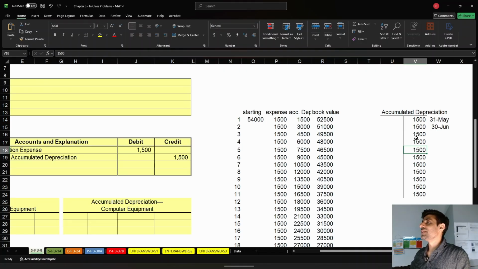I'll try to re-explain it to you. But just remember that an expense account is different and this is actually an asset account. Accumulated depreciation is buddies with, in this case, computer equipment. They go together, right? One is a contra account, it's a credit balance, and one is a debit balance. But they're both going to be reported on the asset side of the balance sheet.